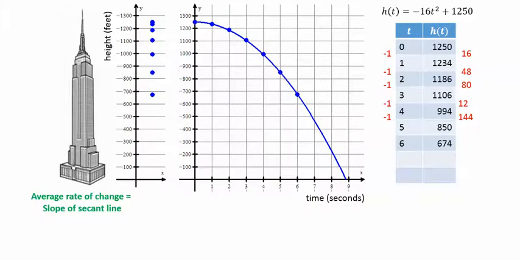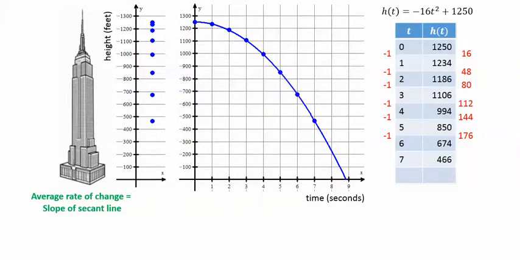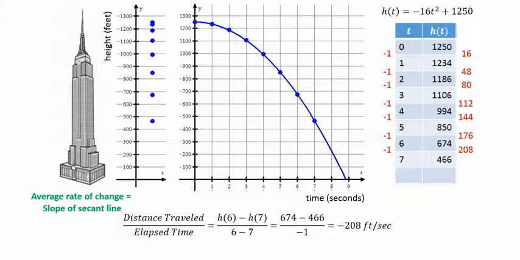Between t equals 4 and 5, the average velocity is negative 144 feet per second. Between t equals 5 and 6, the average velocity is negative 176 feet per second. Then between t equals 6 and t equals 7, the average velocity would be negative 208 feet per second, always changing, always speeding up as it continues to fall.